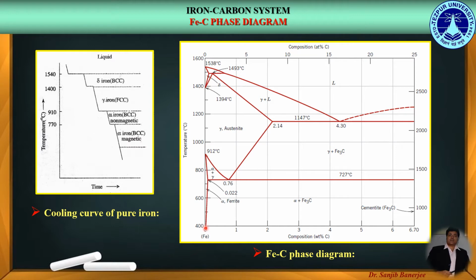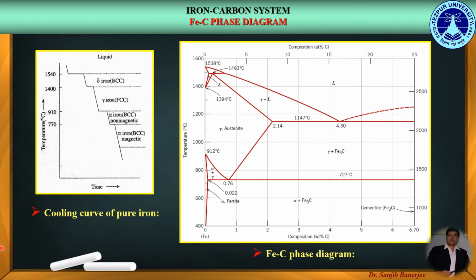And since the vertical axis in the iron-carbon phase diagram represents pure iron, over here we get the same temperature ranges for different phases, that is 912 degrees centigrade, 1400 degrees centigrade and 1538 degrees centigrade, similar to the temperature ranges in the cooling curve of pure iron.